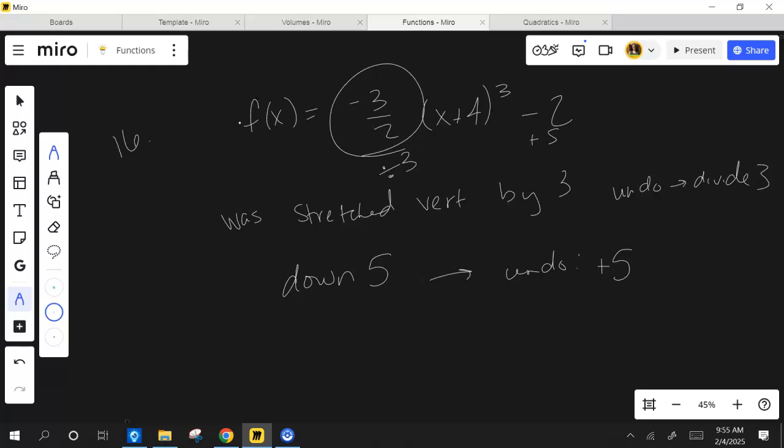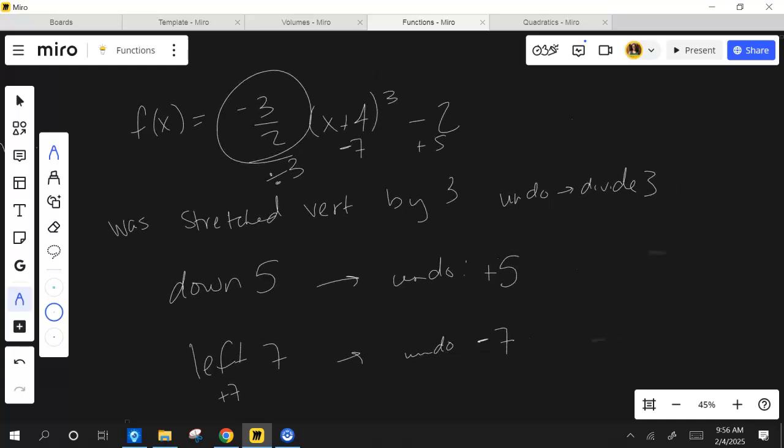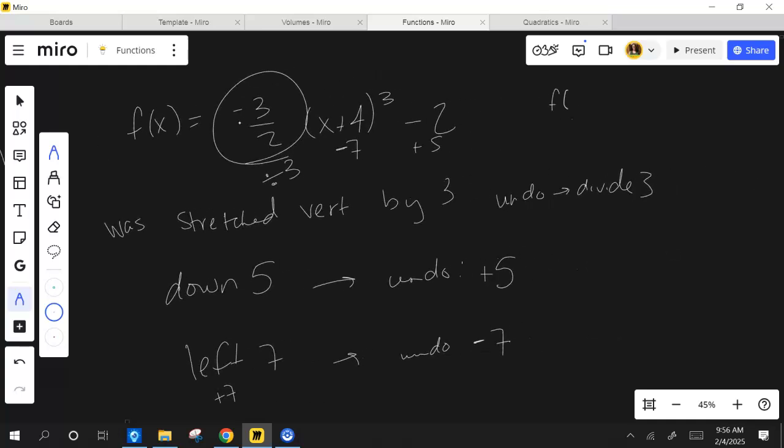And then it says that it was moved 7 left. So to undo that, left 7 adds 7, so I'm going to subtract 7 from my x. So where do I end up? I end up at negative 1/2 x minus 3 cubed plus 3.